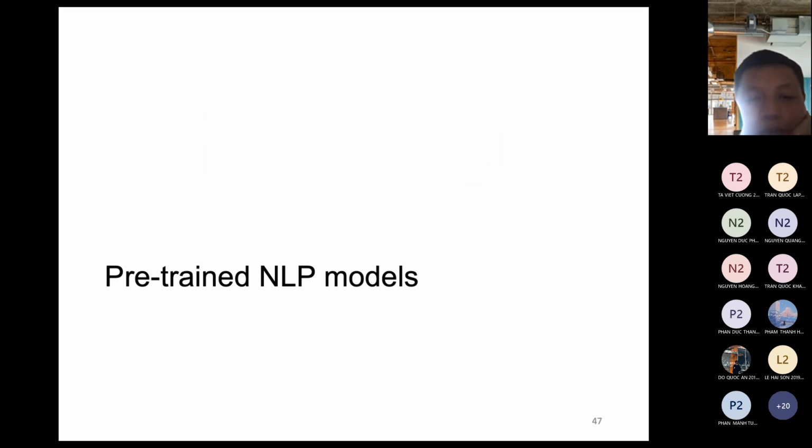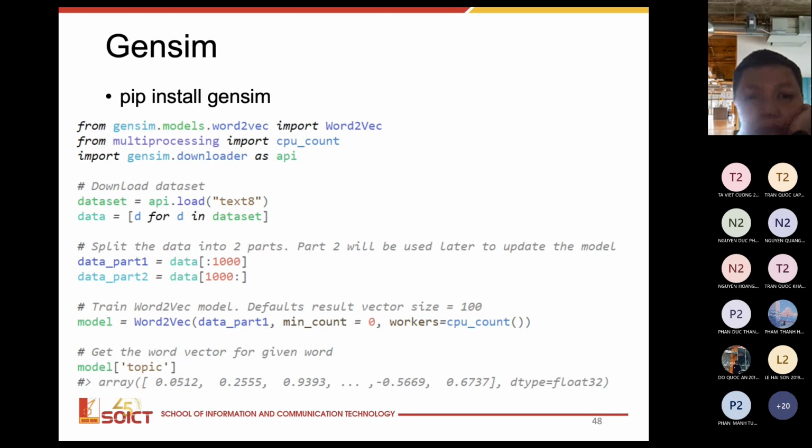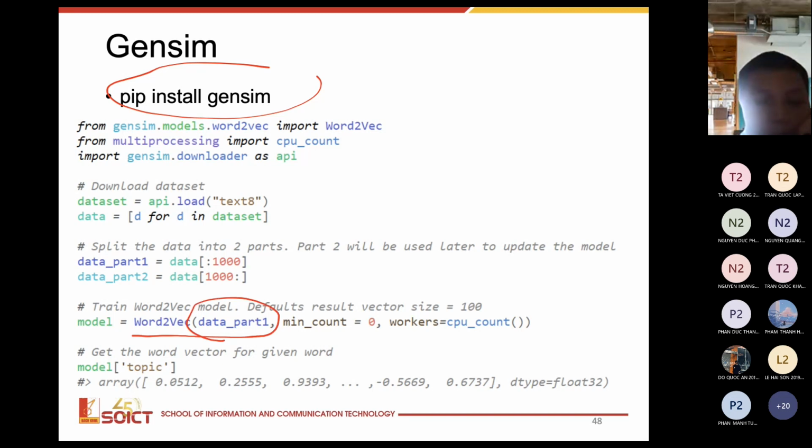Okay, so let's continue with the last part of the lesson for today, and then you can practice a little bit on word vectors. For pre-trained NLP models, you can use the Gensim package library. The installation is very simple with this command. Then you can download the data and split it into training and testing. Then you can train the model with the training data, and after training you have the vector for every word inside the dictionary.